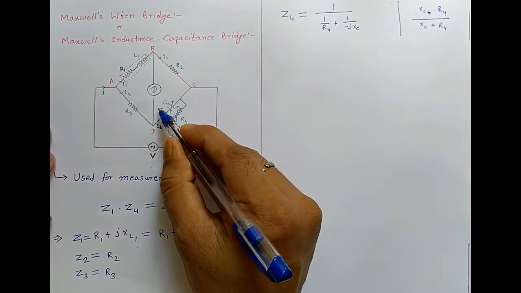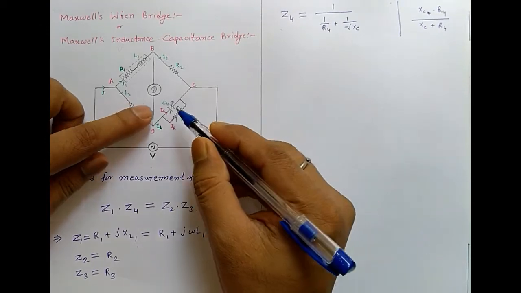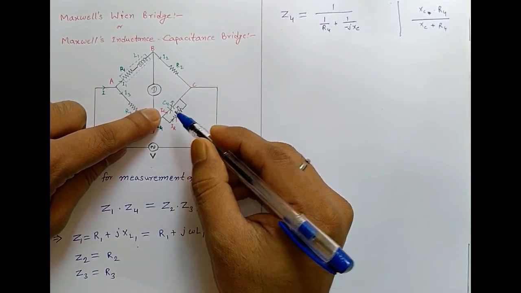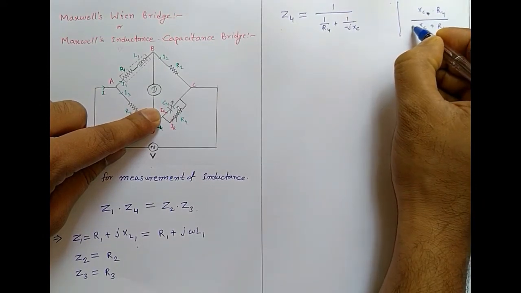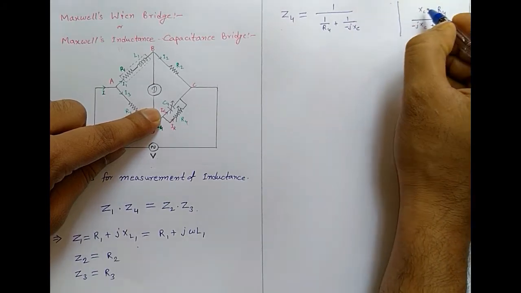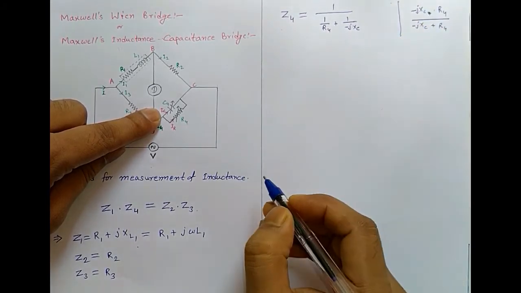But since XC is in the form of j, on the negative j axis, this will be minus j.